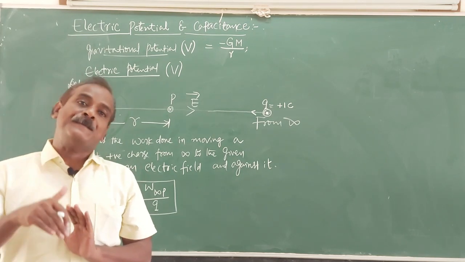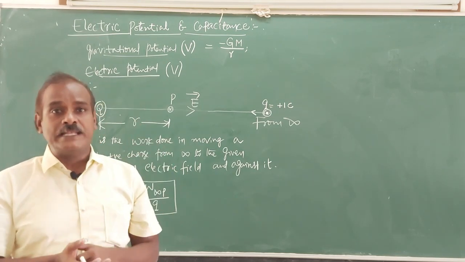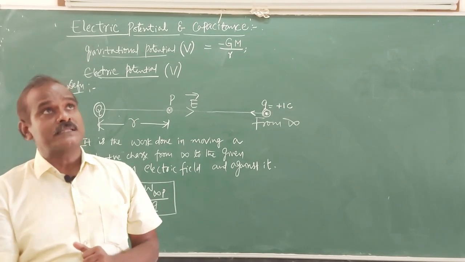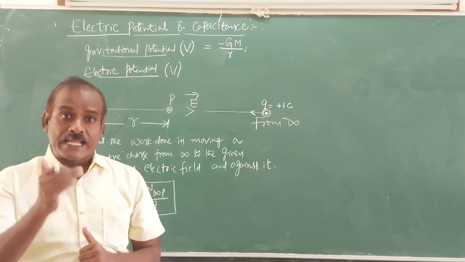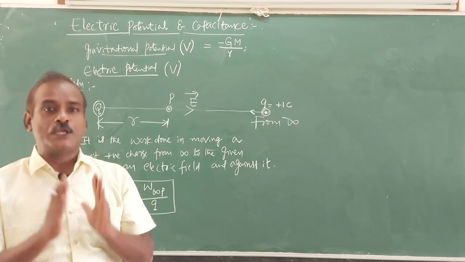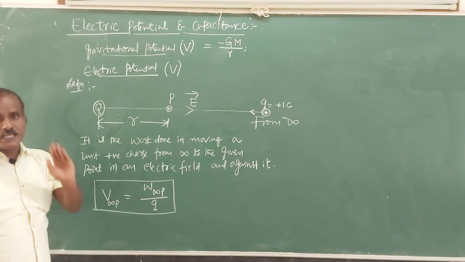Work done may be by the force or against the force. A particle falling freely, work is done by the gravitational force; a particle thrown up, work is done against the gravitational force. So this work done is numerically equal to what is called electric potential.